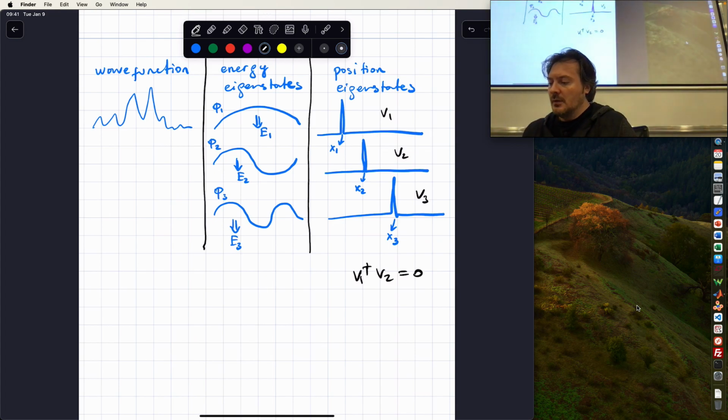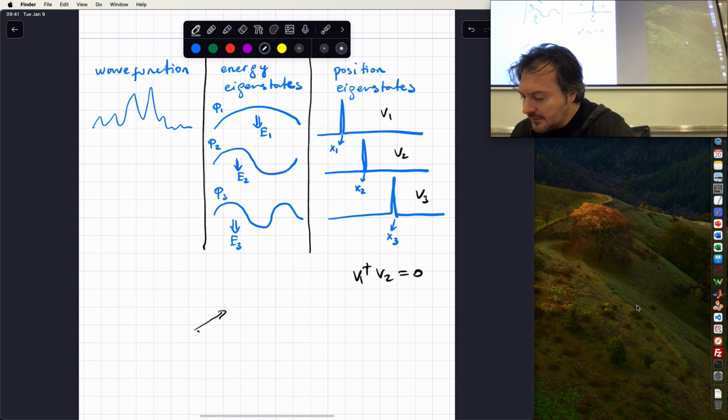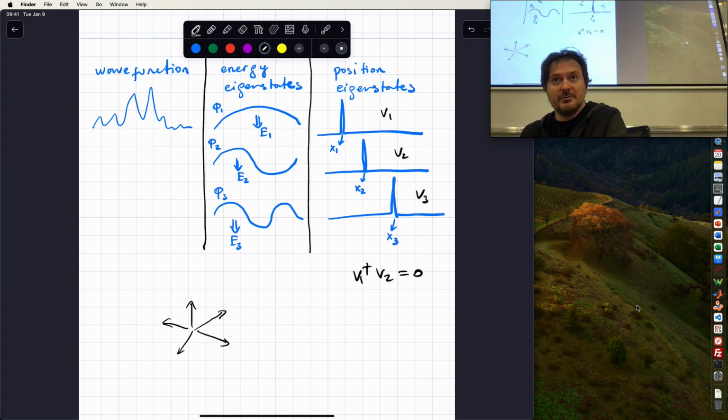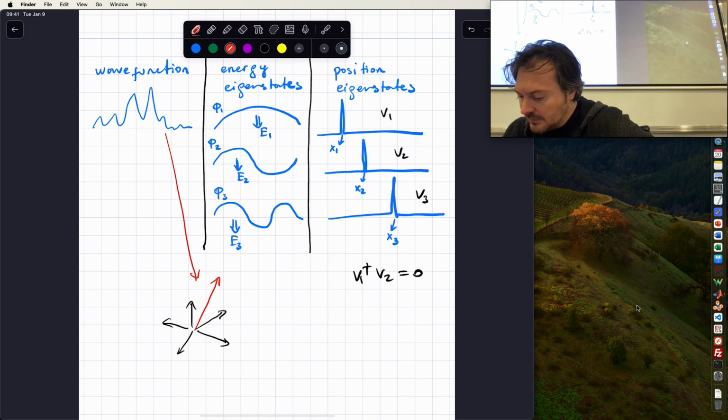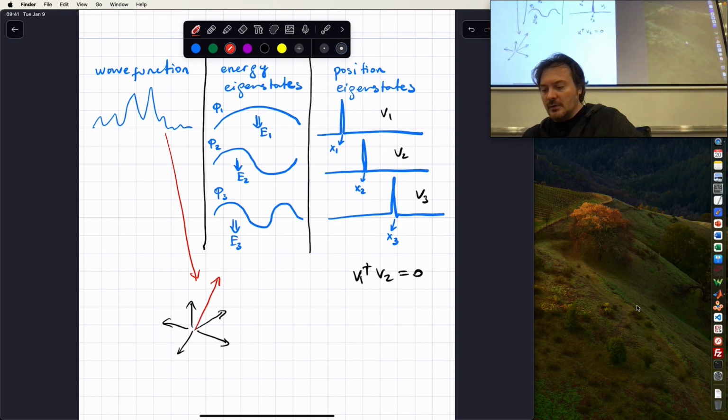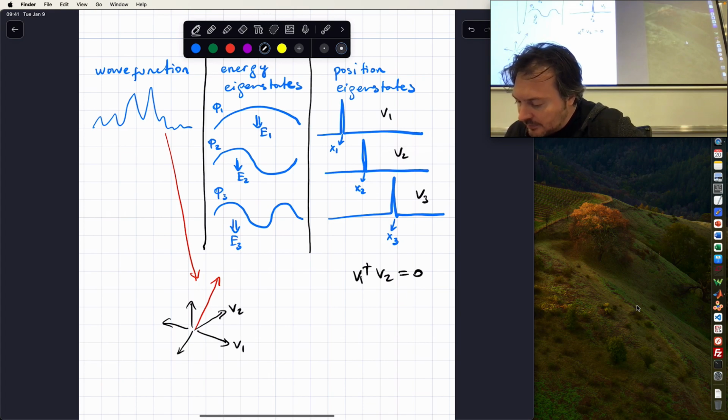So they are like these vectors in space, all perpendicular to each other. Don't mind me drawing as if they are not. And then your wave function is somewhere here. These are the potential outcomes of your measurement.